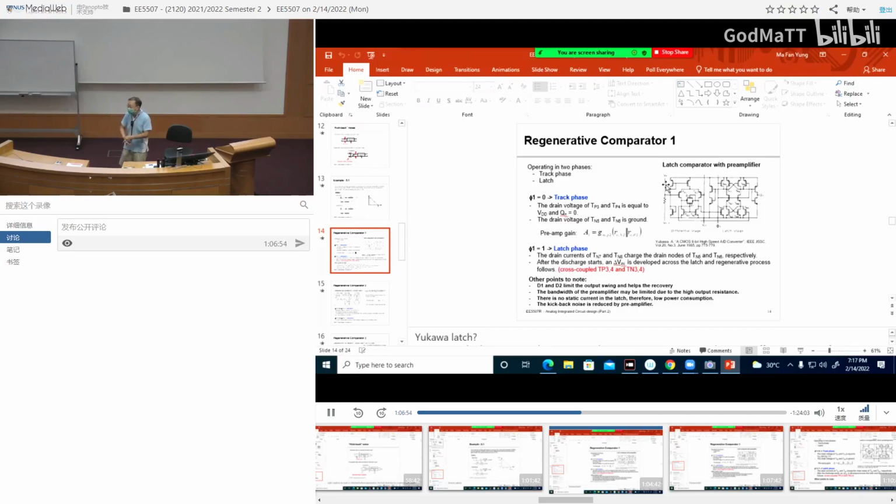Your op-amp: the input differential pair, then the current mirror load, then the output stages. Those are circuit blocks that once you learn, you can recognize. Now I give you a circuit, and you hunt for these blocks. Here is the input pair, here is the current mirror load, here is the output stage. Once you know this, the jigsaw puzzle becomes easier to understand, and if the person draws the circuit properly, it makes your life even easier.